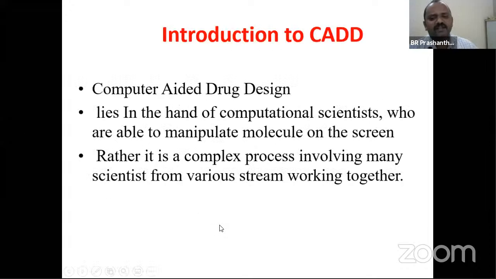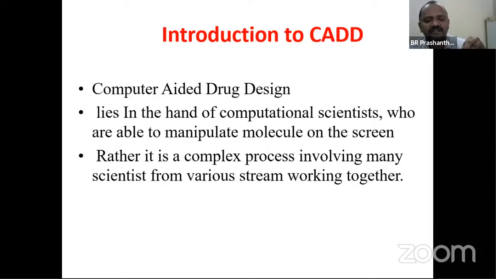Next, coming back to the introduction to CAD, computer-aided drug design. Computer-aided drug design lies in the hands of a computational scientist.